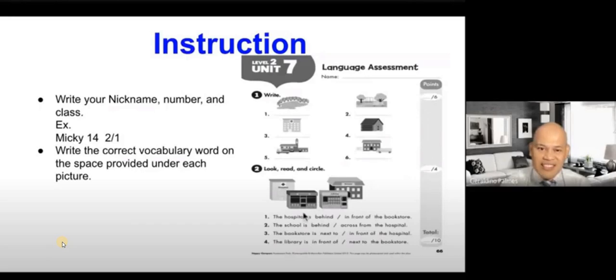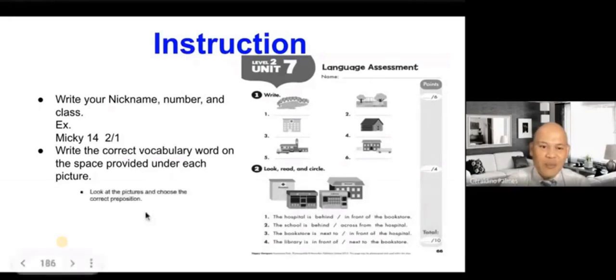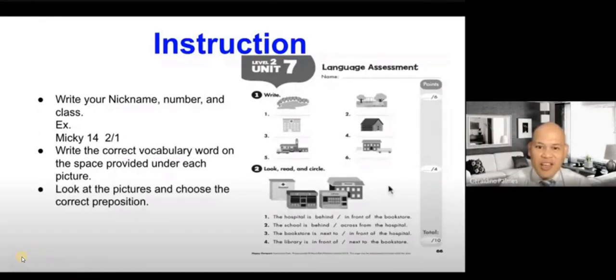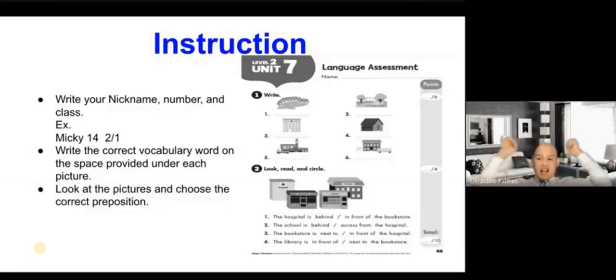And oh yes, for the number 2, look at the pictures and choose the correct preposition. Okay? For each number 1, 2, 3, 4. Hospital, bookstore, library, and school. So make sure you know where all these things are specifically by using the what? The prepositions in front of, next to, across from, behind, and around.